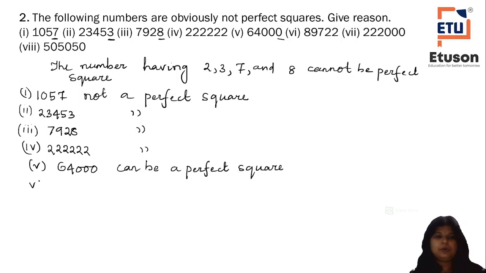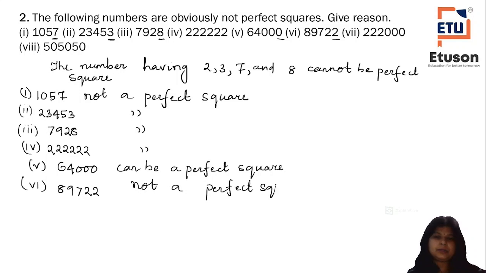Okay, so next you have 89,722. So you have 2 at its units place, so it is not a perfect square, correct? Similarly, in the next question you have 0, so there is a possibility that it can be a perfect square.